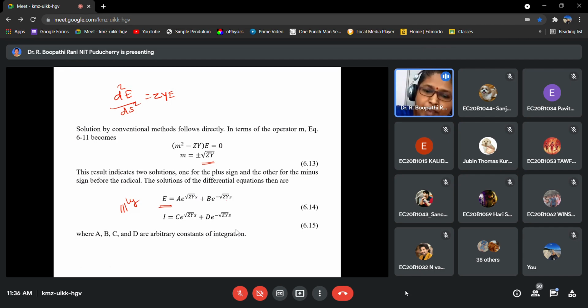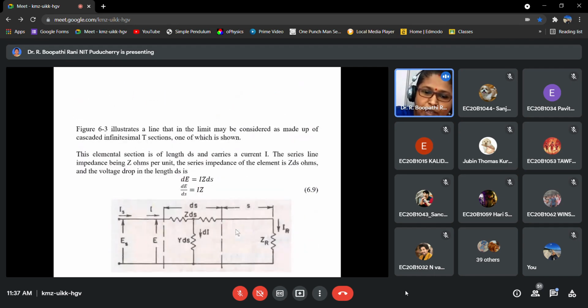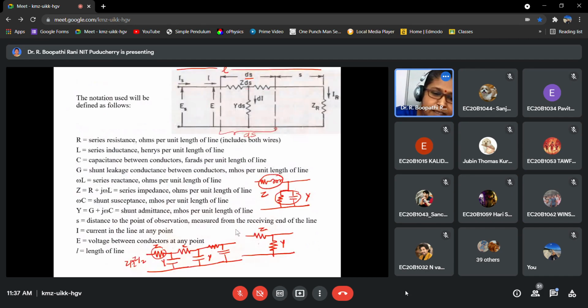Now we need to find the expressions for A, B, C, D. What are E and I? E is the voltage between conductors at any point, and I is the current in the line at any point.